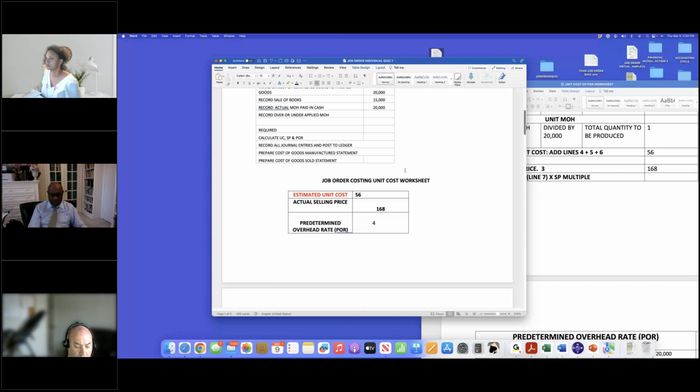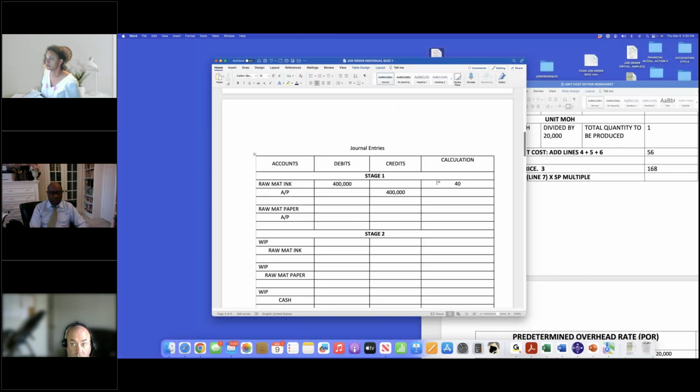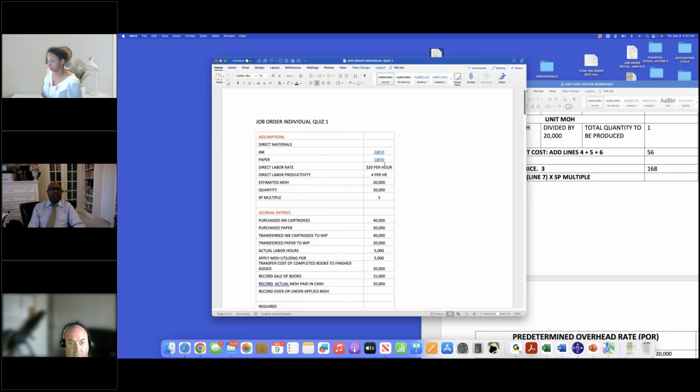Where did the 10 come from? Here's the 10. Ink costs $10. We're making 20,000, and it takes 2 ink cartridges to make 20, so we had to buy 40,000. We multiply 40,000 times 10, and we get 400,000.